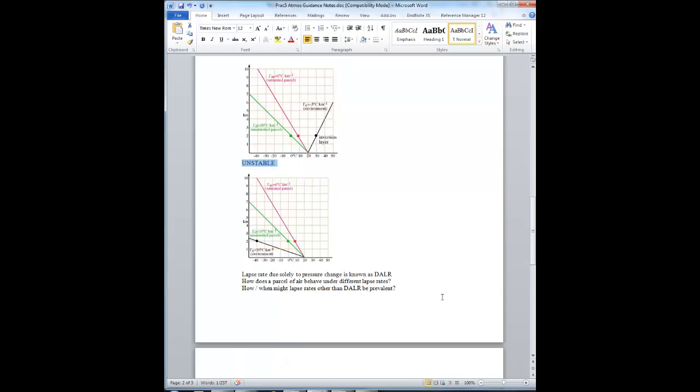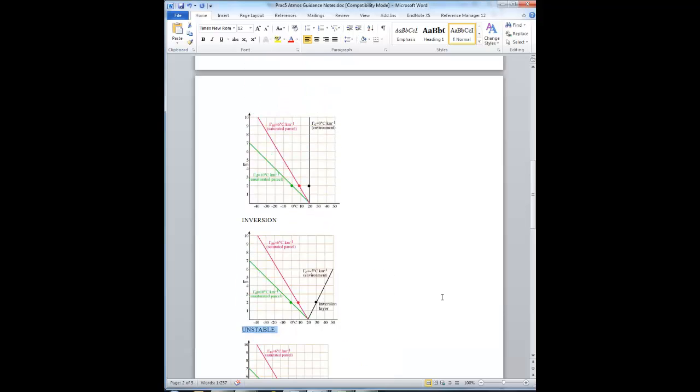So under unstable conditions we would expect much larger dispersion coefficients, much larger standard deviations for the concentration distributions, whereas under stable conditions, as we get under an inversion, we would expect the dispersion coefficients to be low because there'd be little or no vertical mixing.